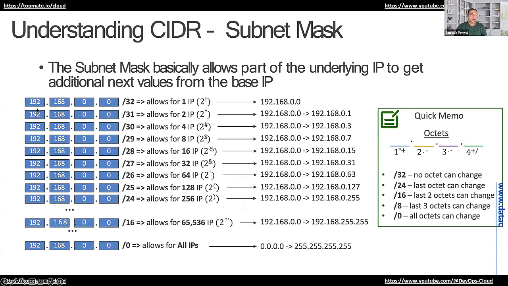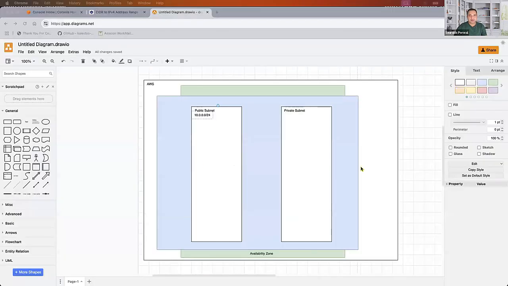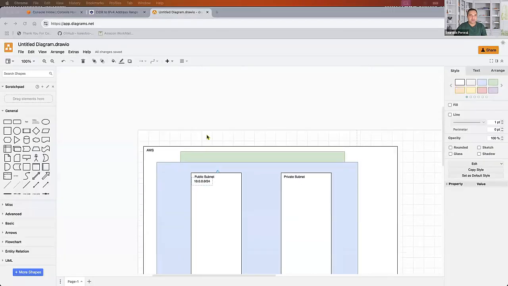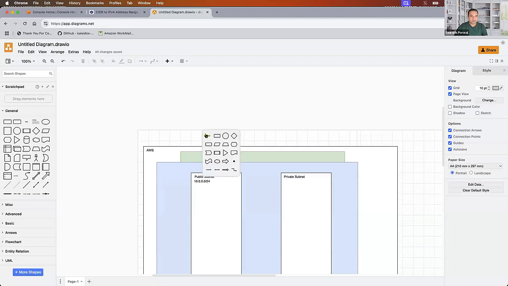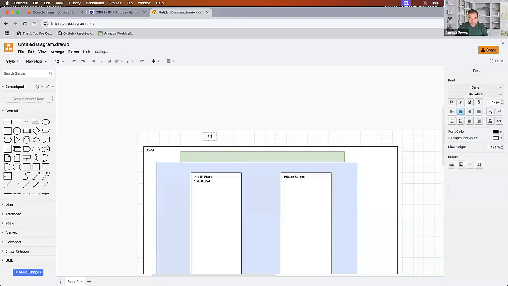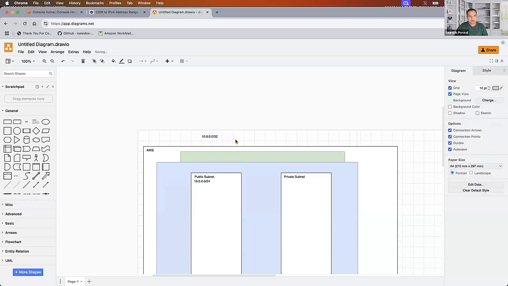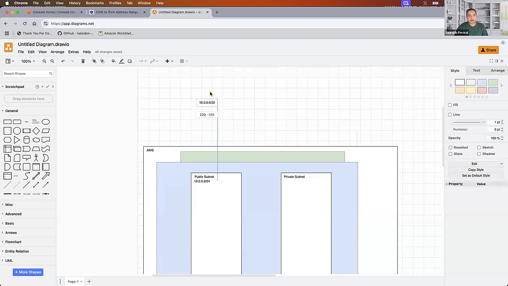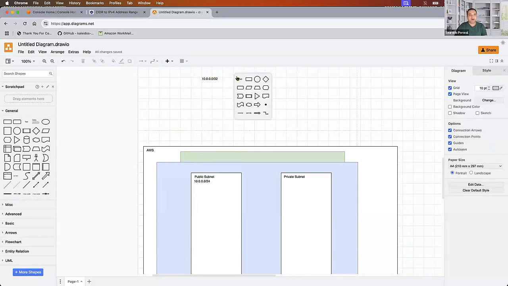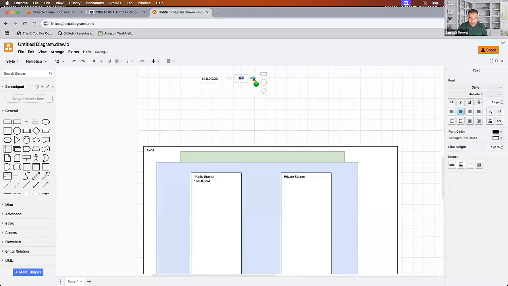if you have an IP, and I'll show you this, I'm just trying to make it as easy as possible. For example, you have 10.0.0.0 and a subnet mask of /32. It starts from the upper end.